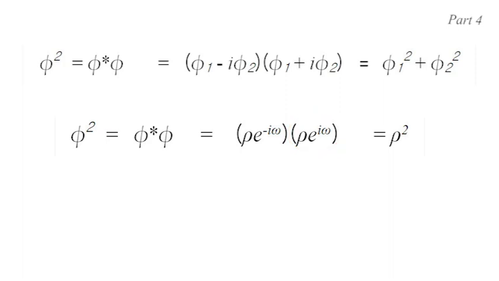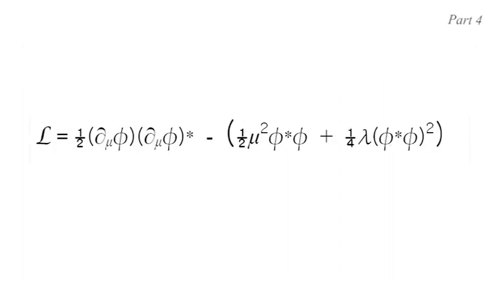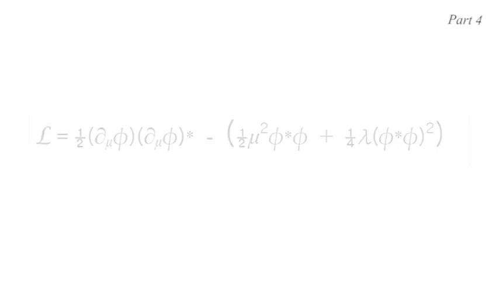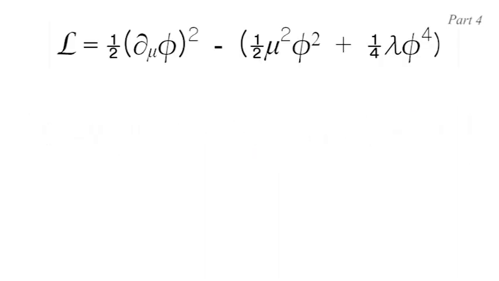Right, now that we have all that sorted, we need to go through all the same procedures as before and look at the Lagrangian density for this kind of complex scalar field, and particularly focus on the potential. If you remember, when we did it for the real scalar field, the simple case, we took lambda to be positive and mu squared to be negative.